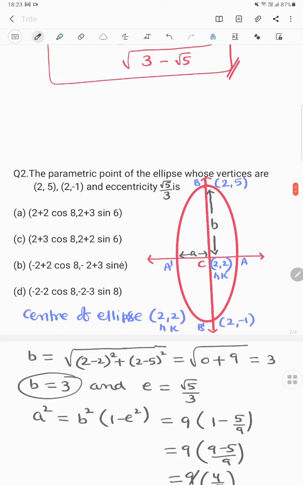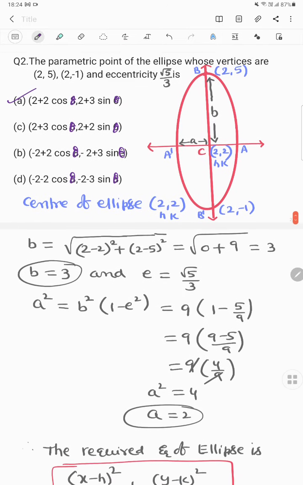So which is there in the first option. They mentioned theta, here also theta, here also theta, here also theta. So the first option is the right option. I hope everyone understands that.